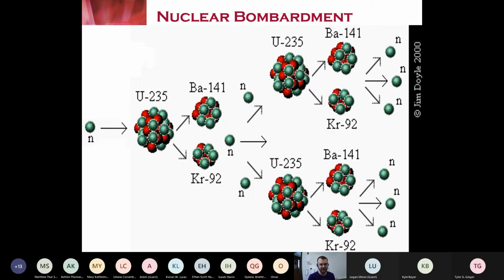I'm just trying to get my pen tool to work. There we go. All right. So in any case, this neutron is going to smack into the uranium-235. This is then going to break into barium and into krypton.